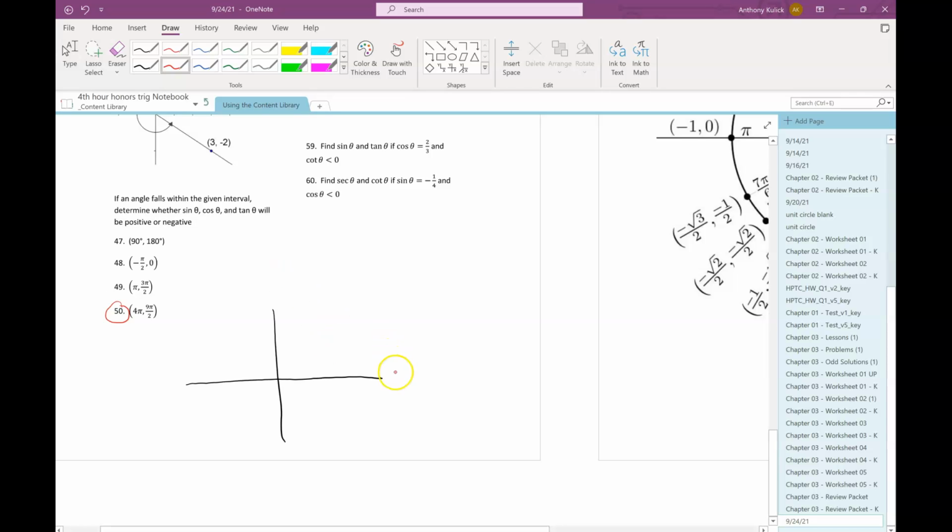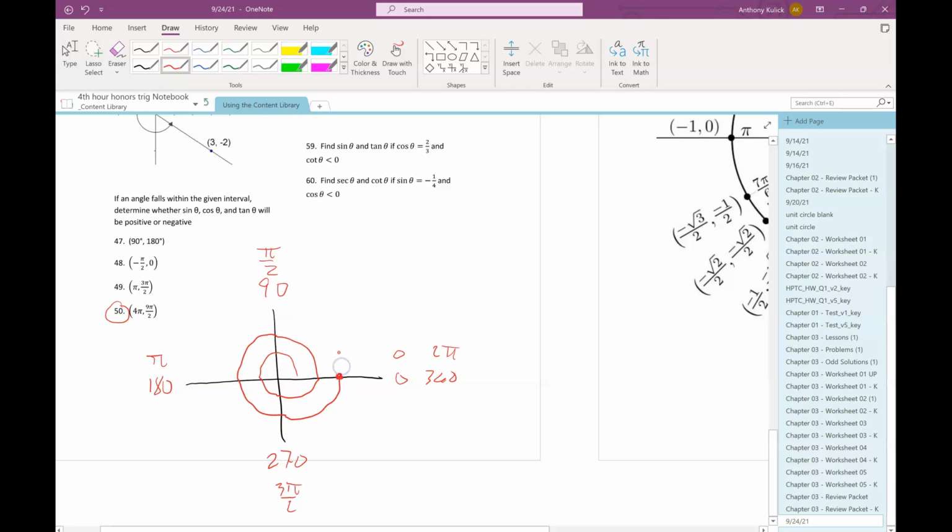So I remember that my quadrants are all 90 degrees, right? Now, if I convert 90 degrees to radians, that's pi over 2. So if I'm going to 4 pi, that's half, 1, 1.5, 2, 2.5, 3, 3.5, 4.